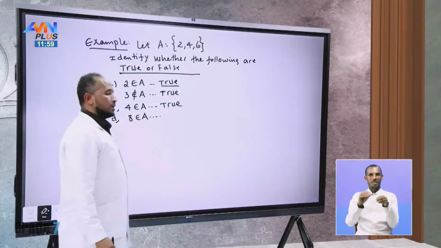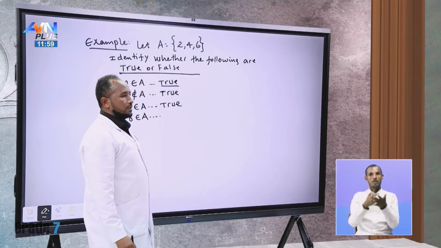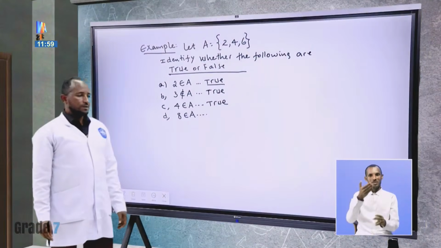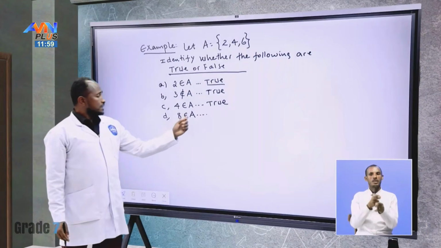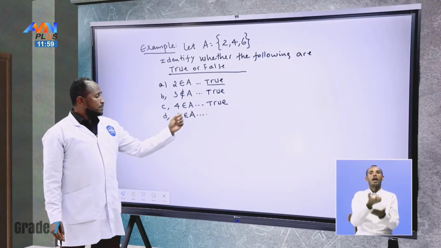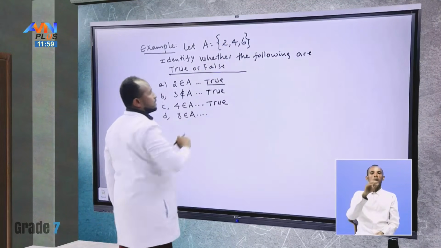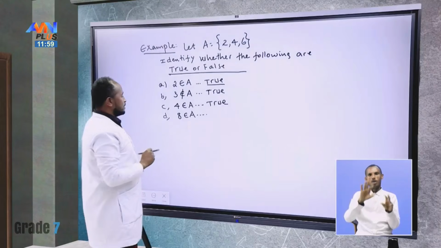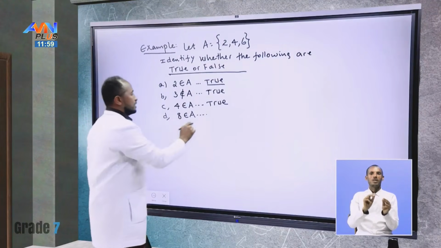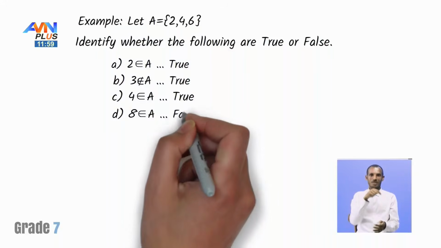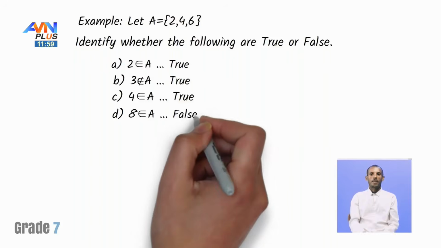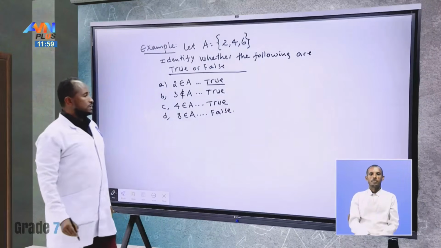Students, have you tried the question? Very good. Let's see the answer. Here it says 8 is a member of set A. Let's see it. 8 is found in this set? No, it's not found. Therefore, this is a wrong statement. It's false. That's it.